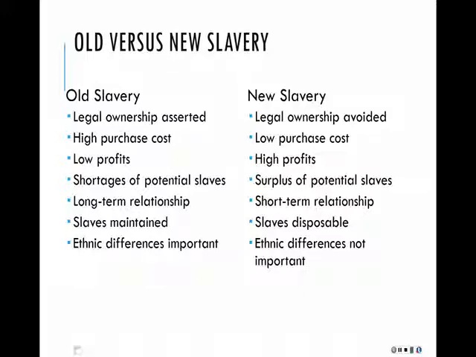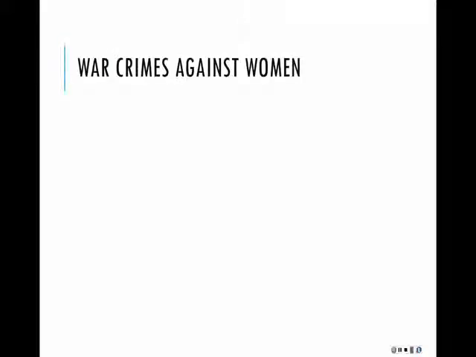There is an endless supply of potential slaves. These are all short-term relationships, and I think, as the reading points out, slaves are disposable people, hence the name of Kevin Bales's book. And here, ethnic differences are not as important. What's important is the economic ability, or what the person in control can get out of the slave in terms of a profit.